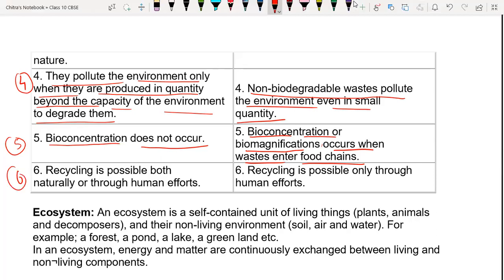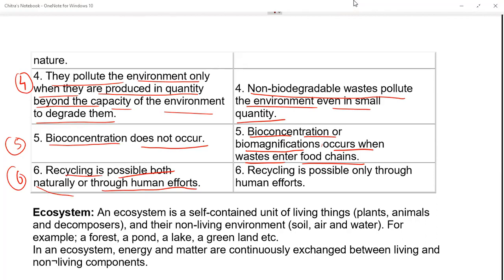Sixth point, recycling is possible both naturally or through human effort. Suppose we have cow dung, which can be used in a biogas plant to produce energy.